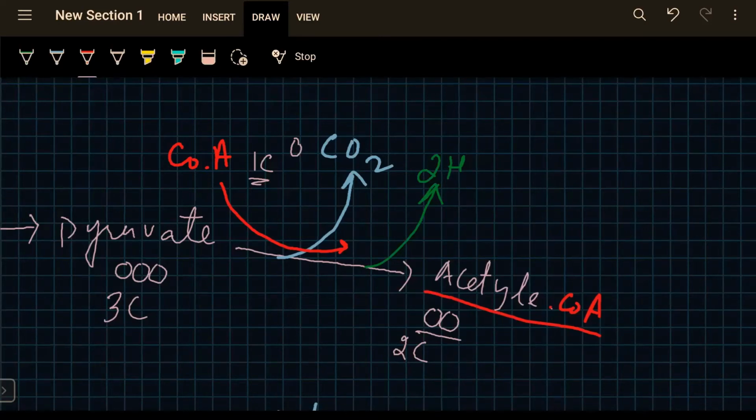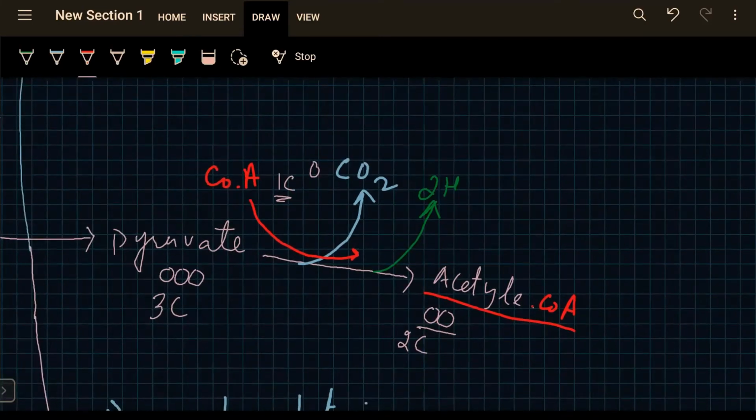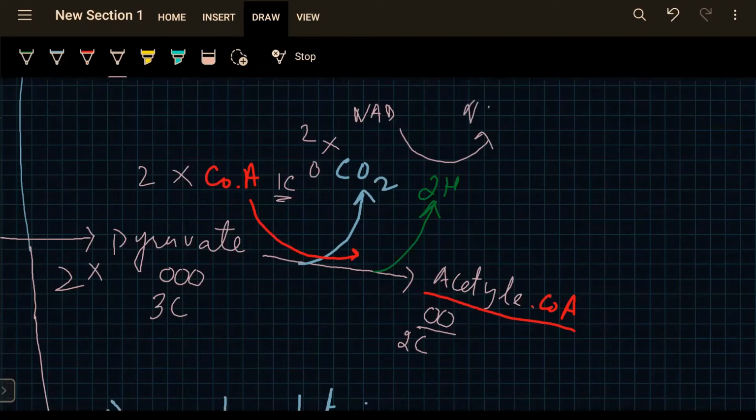As there are 2 molecules of pyruvate, 2 molecules of coenzyme A are involved, 2 carbon dioxide are lost, and instead of 2 hydrogen, 4 hydrogen are removed. This hydrogen reduces NAD to NADH2. So 2 molecules of NAD are used and 2 molecules of NADH2 are produced.